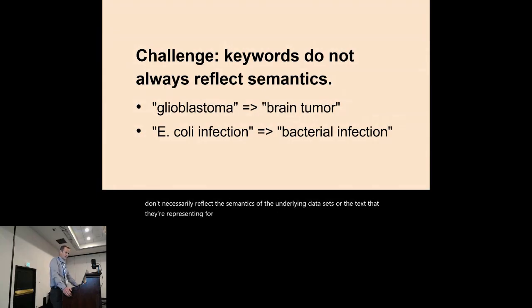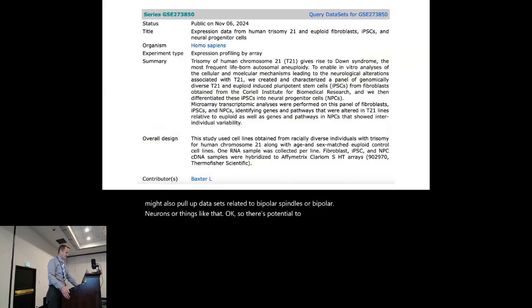For example, it may not be able to recognize that glioblastoma is a form of brain tumor, or that an E. coli infection is a type of bacterial infection. Or if you put in the term bipolar disorder, it might also pull up data sets related to bipolar spindles or bipolar neurons or things like that. So there's potential to improve on that.